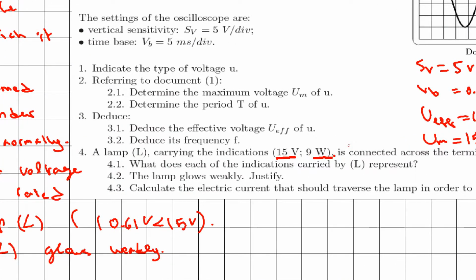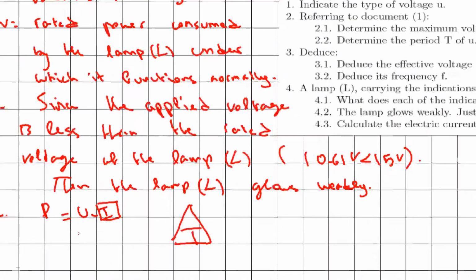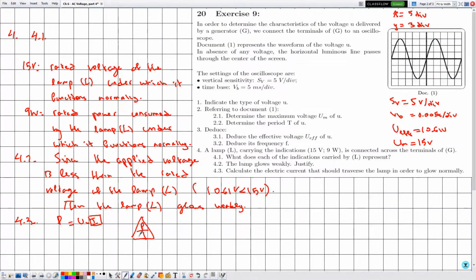Whenever we know two indications, the third can be determined from P equals U multiplied by I, knowing that we are interested in determining the value of I. So constructing the triangle of this formula, because we have a multiplication, P will be at the top, U and I at the bottom. Putting our hand over I, the value of I is given by P divided by U. The value of P is given by 9, whereas the value of U is given by 15.